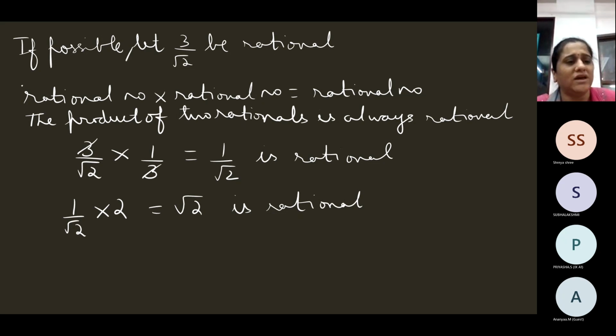Then you can write: the product of two rationals is always rational. So then do this. Root 2 is irrational. This is a contradiction.